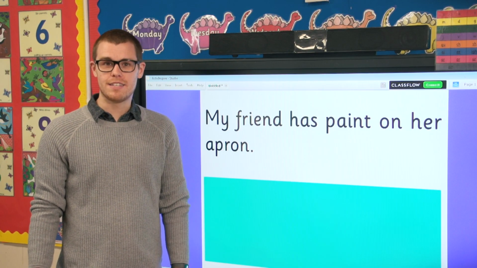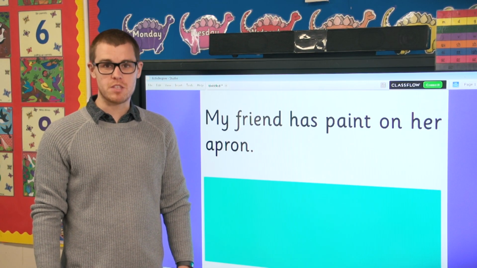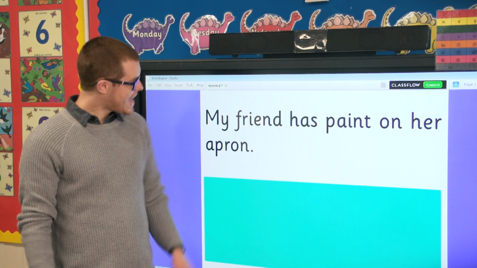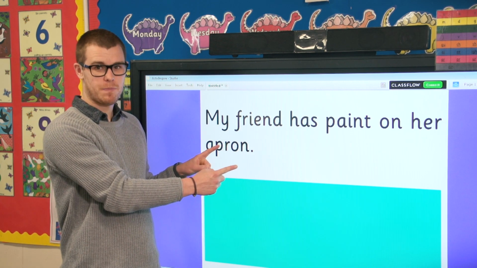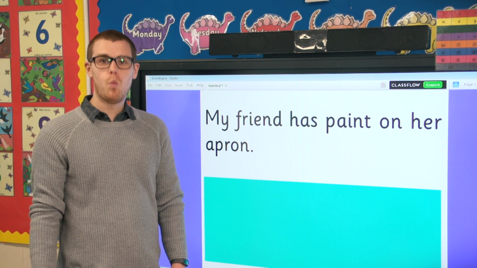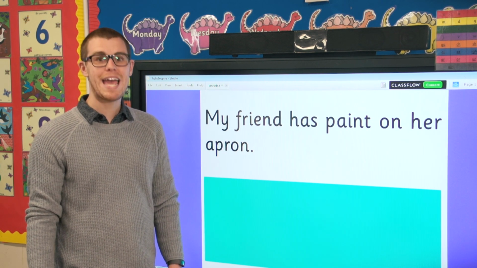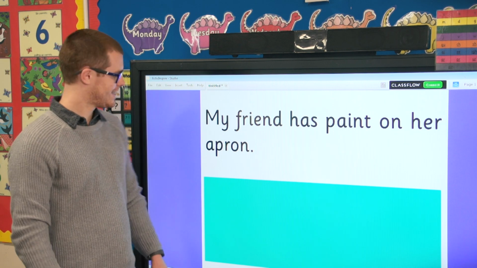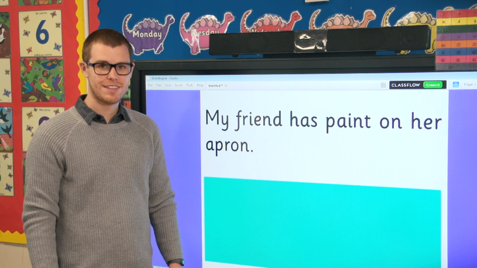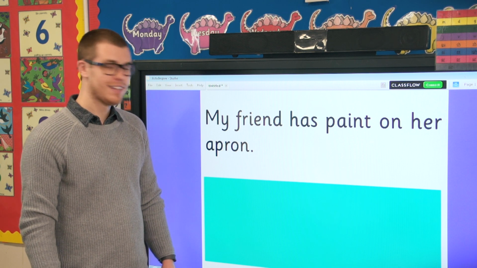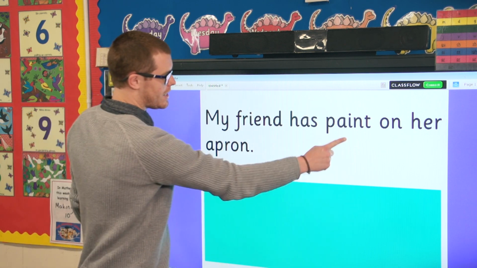Let's read some sentences with some graphemes that you know. Here's my first sentence. Can you see the words with the graphemes that make the sound A? That's right.